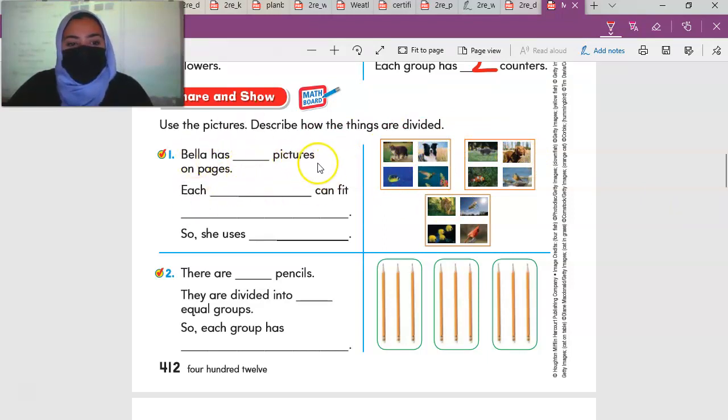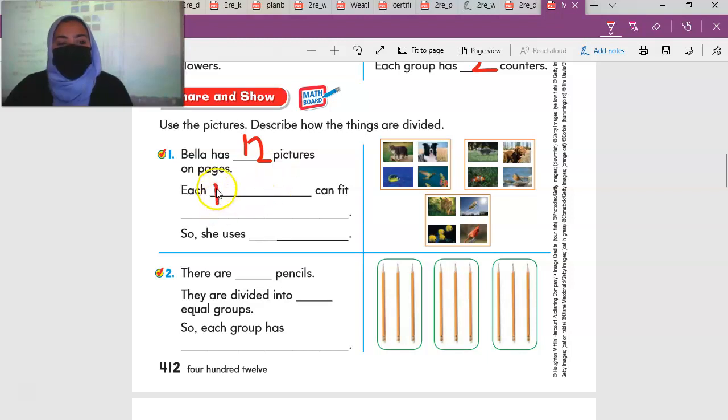Use the pictures, describe how the things are divided. So these are the pictures and this is the problem. Bella has blank pictures on each of the pages. How many pictures does she have on all these pages? 4, 8, 12. She has 12 pictures on pages.